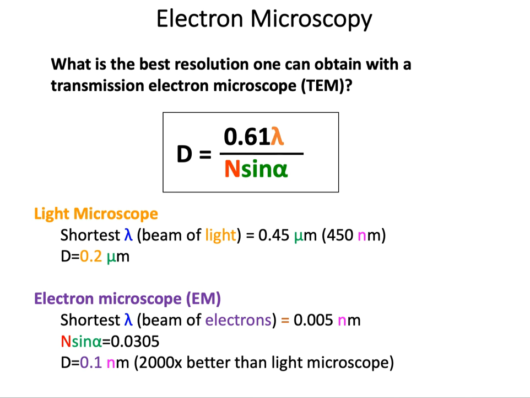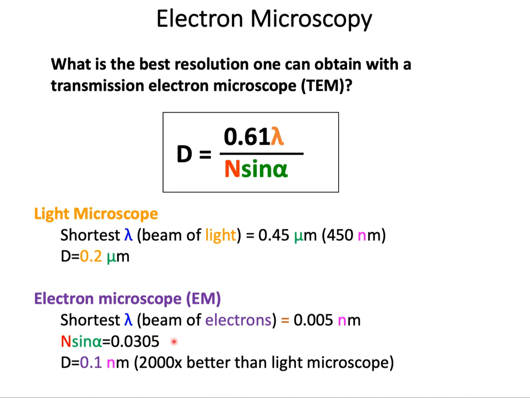So let's calculate the resolution of a typical electron microscope using the formula. So what is the best resolution one can obtain with a transmission electron microscope, or TEM? As you can remember from the light microscopy, the best resolution was about 0.2 microns. The wavelength of electrons is 0.005 nanometers.